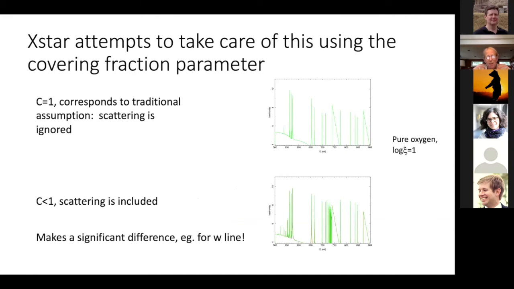So basically, this top panel corresponds to the traditional picture in which there really is no pure scattering included in the calculation, and all you see is a pure recombination spectrum. I'll draw your attention to the helium-like lines at 570 eV, and you can see that these lines are in a ratio which is characteristic of recombination, in which the triplet, intercombination and forbidden lines are brighter than the resonance line.